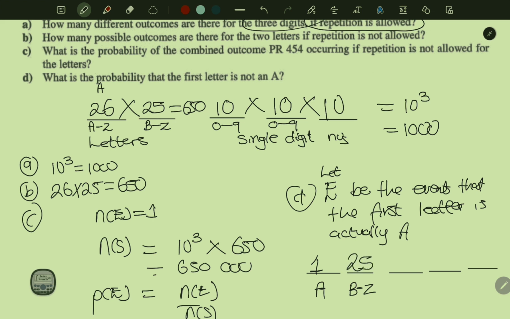Remember, repetition is not allowed for the letters, but repetition is still allowed for the numbers. The last 3 spaces represent the 3-digit numbers. So I have 10 options for the first space of the 3-digit numbers, 10 options for the second space, and 10 options for the third space, reason being repetition is allowed. By the fundamental counting principle, I can multiply all of that to get the total number of combinations.